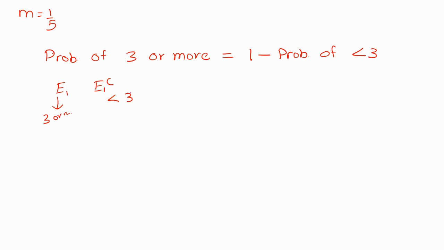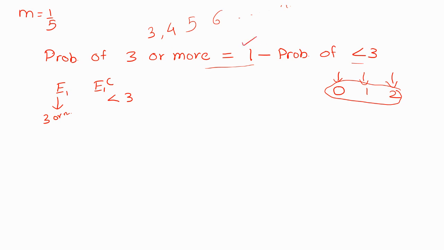So why is this one easier? Because less than 3 means only a few terms will come: the probability that there will be 0 accidents, the probability that there will be 1 accident, and the probability that there will be 2 accidents. Only these 3 cases will come. That's why I'm using this formula. But if you can calculate the probability of 3 accidents plus 4 plus 5 plus 6, till 10 accidents, then that is also fine.